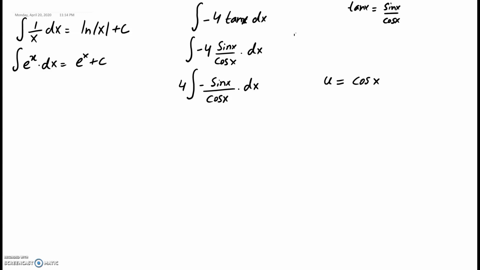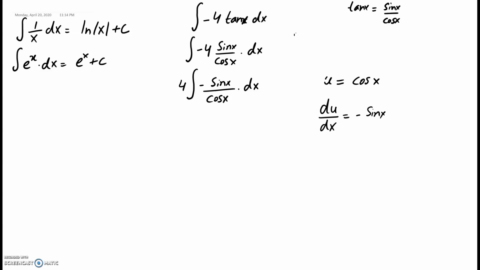Now let's take the derivative of u with respect to x. du over dx is equal to the derivative of cos x, which is negative sin x. Correct?